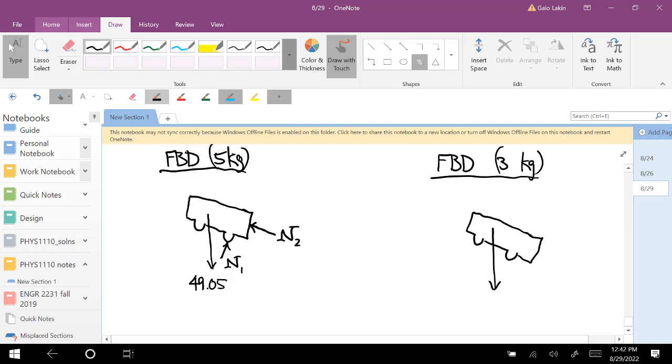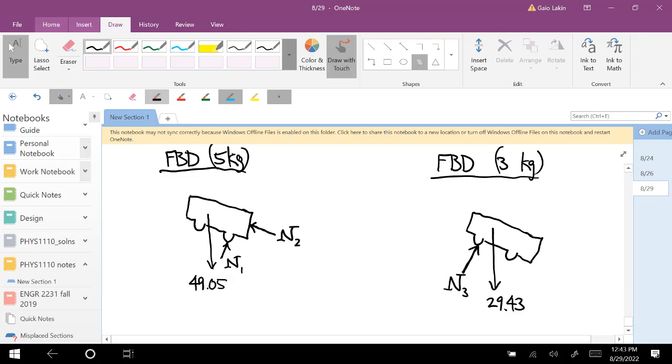You have a weight force of 3 times 9.81, so 29.43. At the wheels, it's a frictionless contact, so it's got to be perpendicular to the surface of contact, toward the chosen body. Give it a name, I'll call it N3.